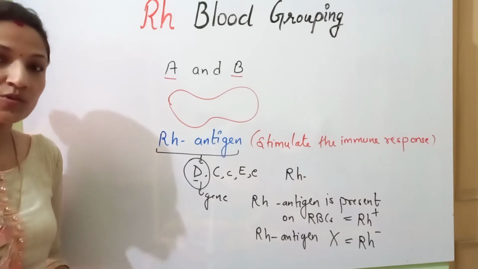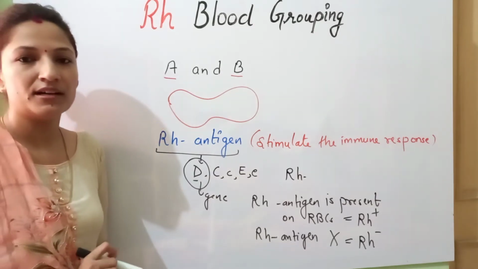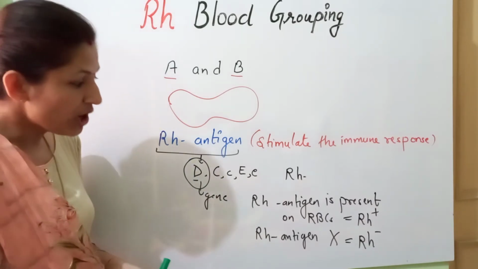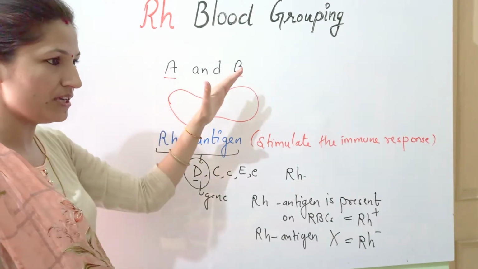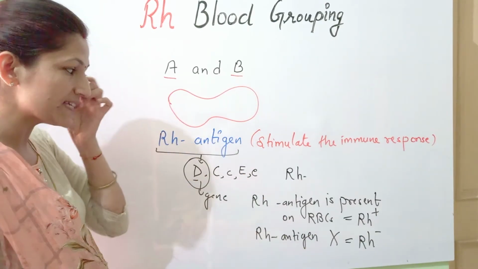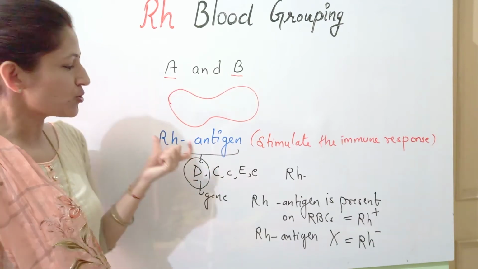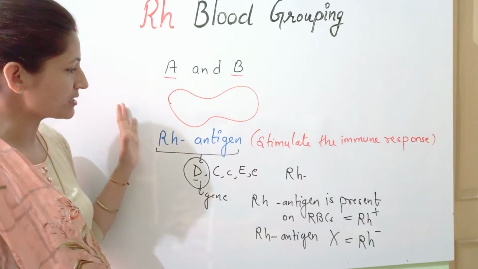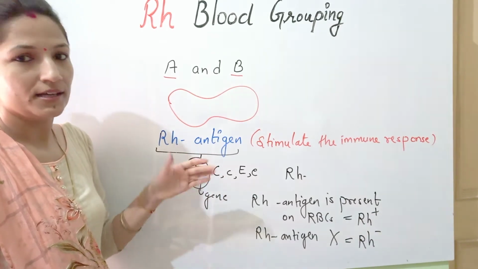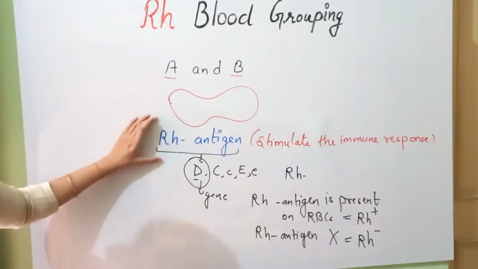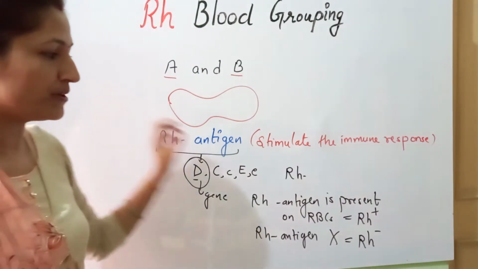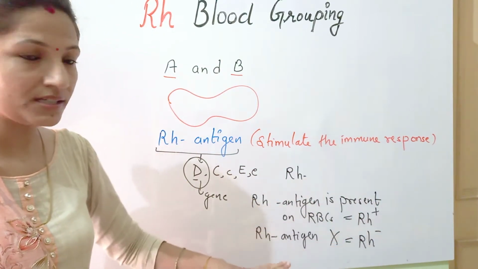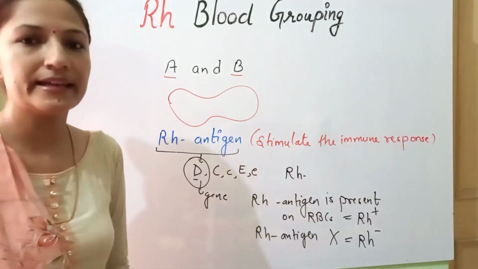It means a person who has any type of blood from A, B, AB or O also has one more type of antigen along with antigen A or B, that is the Rh antigen. Its presence defines whether the blood group of a person is positive or negative. If the Rh factor is present, then the blood group is positive, and if the Rh factor or Rh antigen is absent, then the blood group is negative.